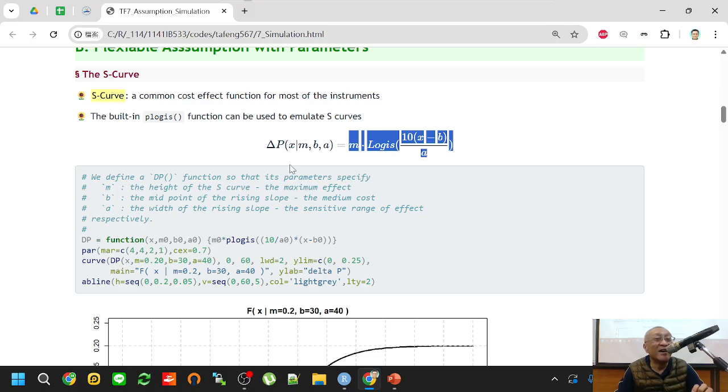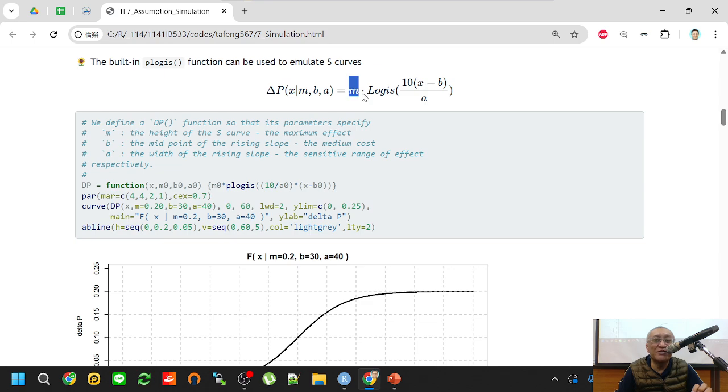expression, this expression might look quite complicated, but in R programming, we can very easily define this function. In R, we can define the function, and this function actually has 4 parameters. This is MBA, and this expression is basically just this expression in the R programming language.